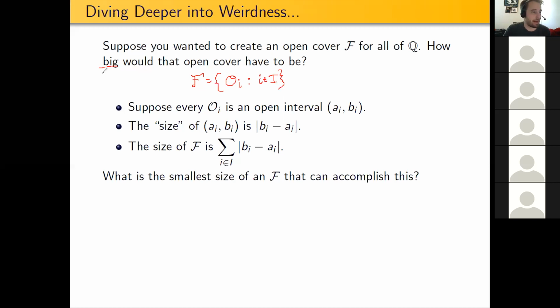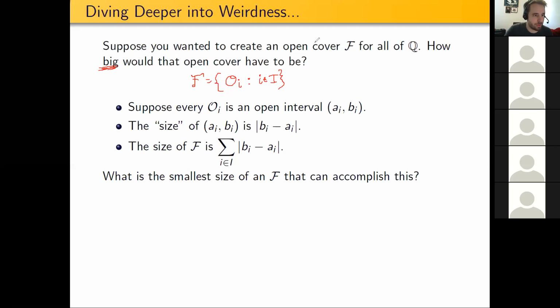So when I talk about how big this open cover is, I'm going to say, suppose that every O sub i is an open interval, which I can denote as a sub i to b sub i. That's my open set. I'll say that the size of a sub i to b sub i is the length from one to the other.